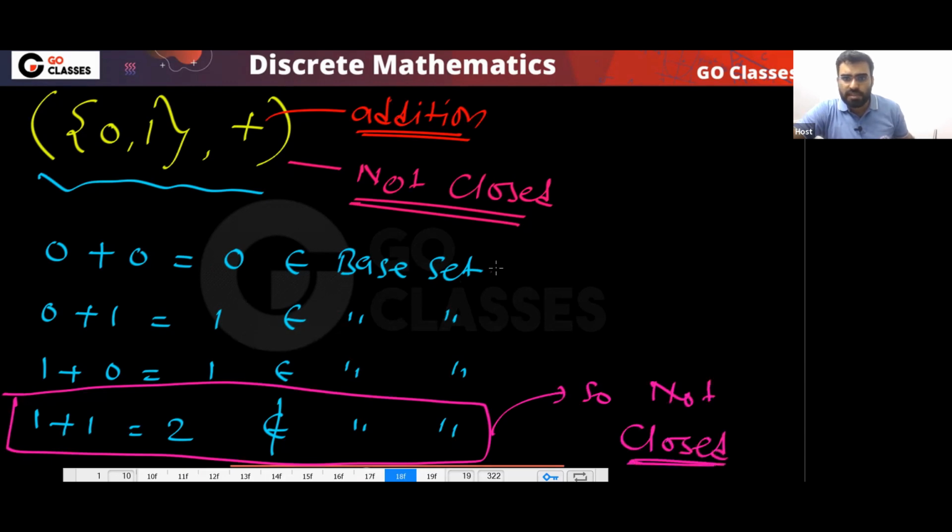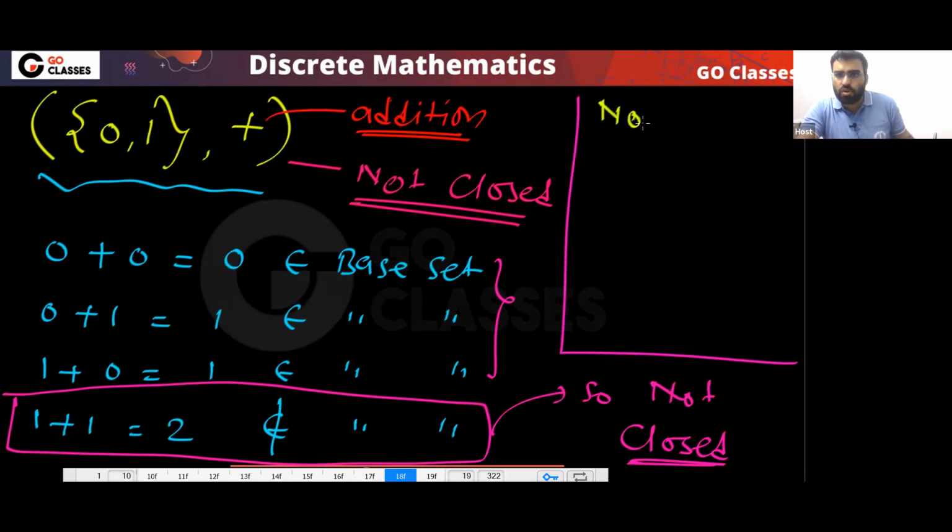You can notice that three situations are in our favor, but one situation is not in our favor. So this is not closed because there exist A comma B, 1 comma 1.